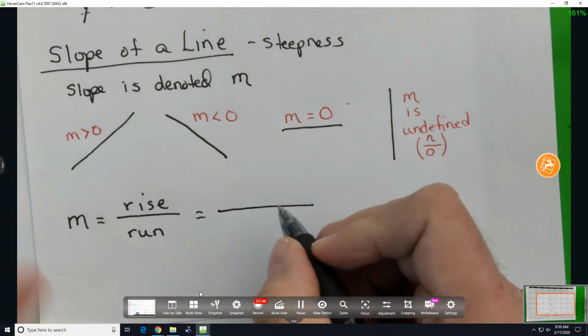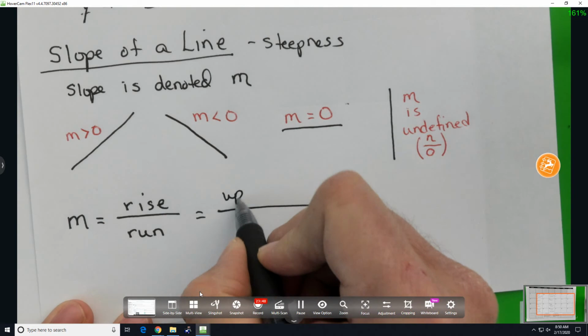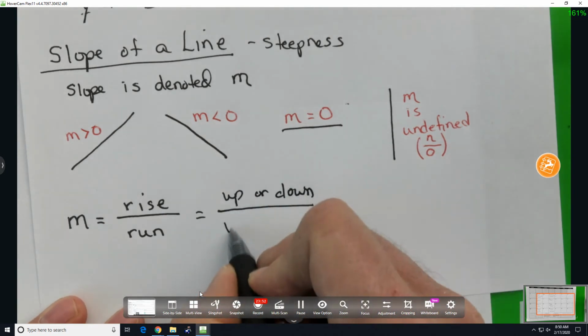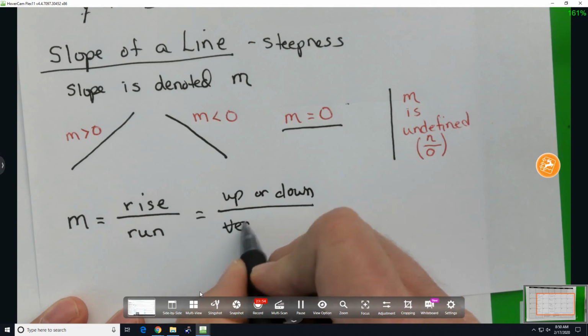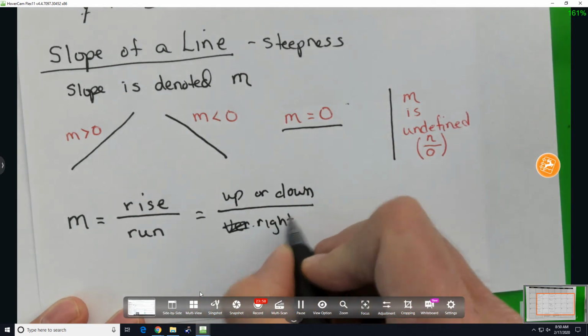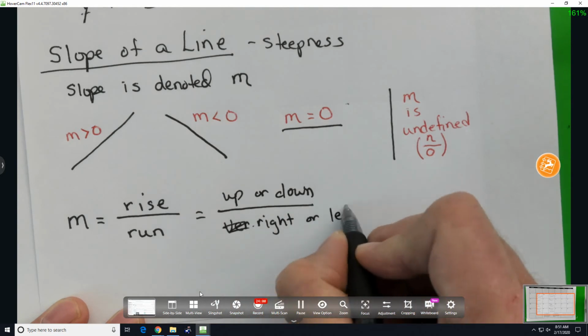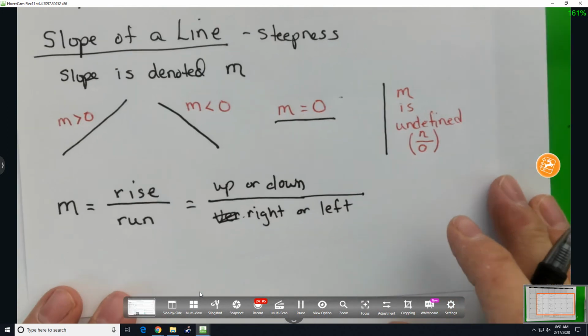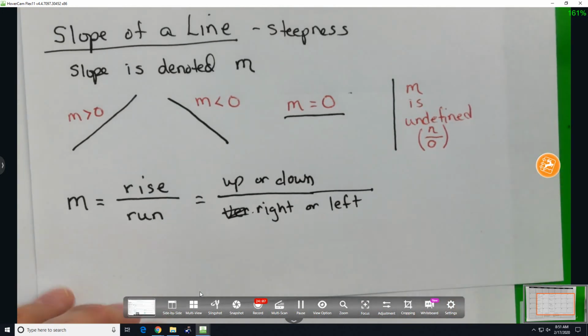Rise is the vertical movement, up or down. Run is the horizontal movement, right or left. And I'm going to illustrate what I mean by this rise over run as we do problem number 5.